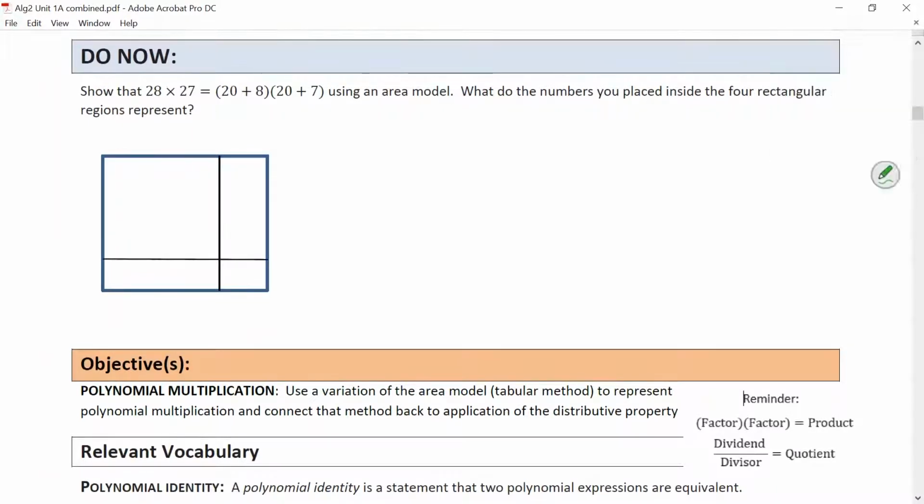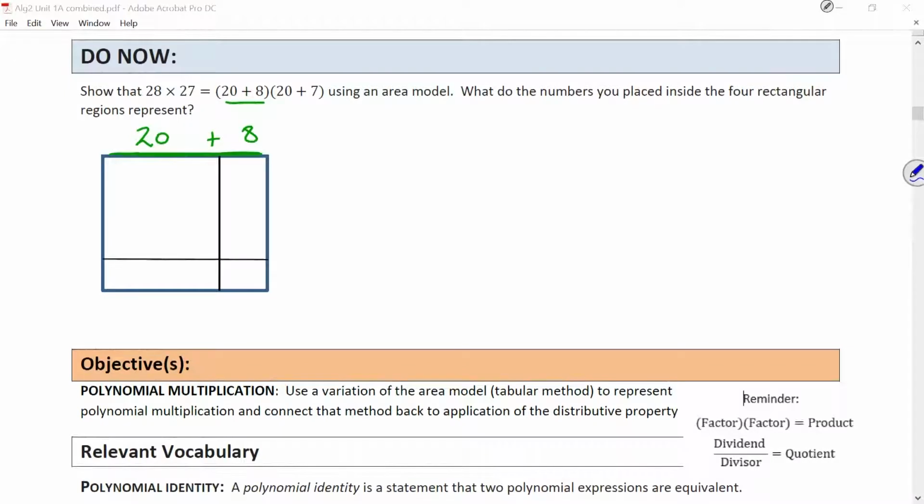You probably have. If I want to show 28 times 27, one way to do this is to think of 28 as 20 plus 8. I'll put that here, 20 plus 8. The length of this side right here is 28, which I'm expressing as 20 plus 8.